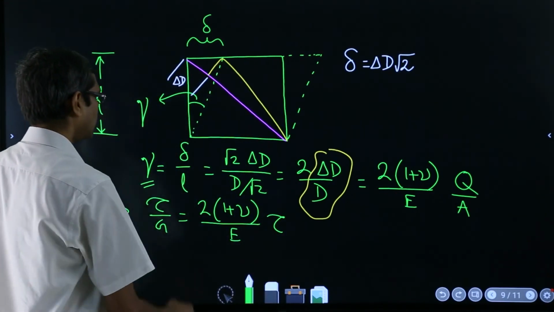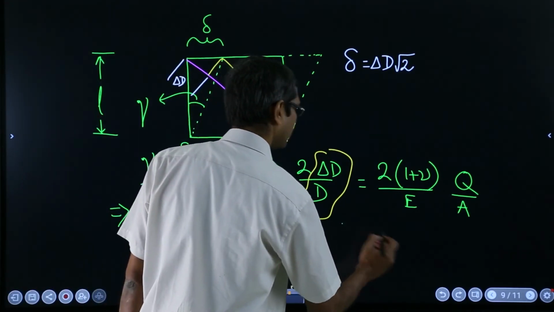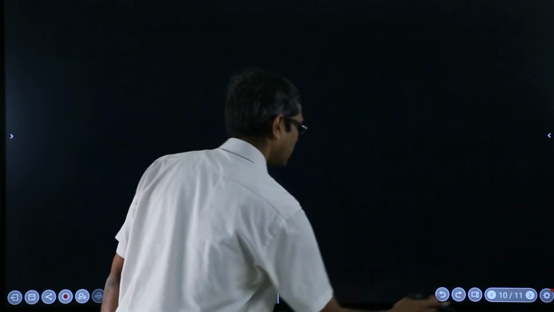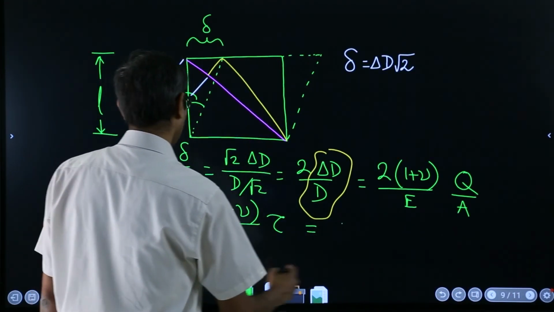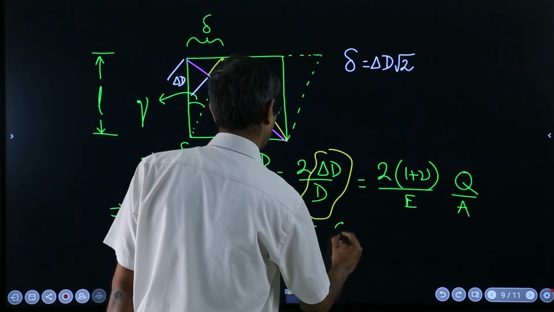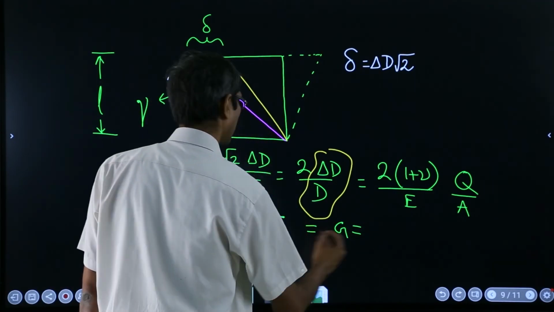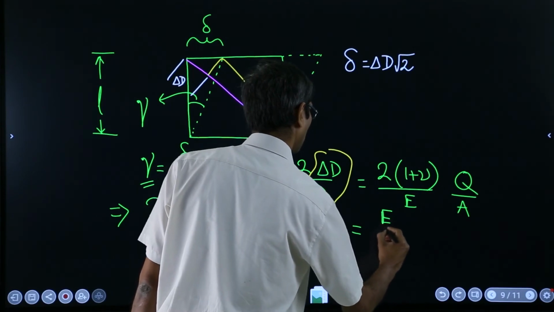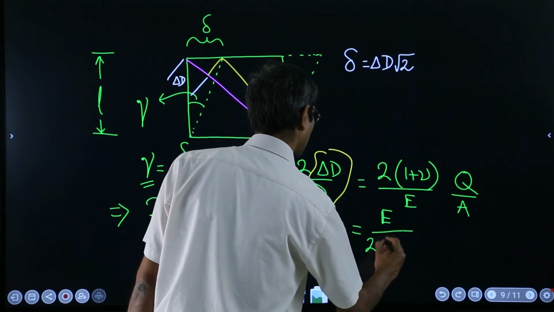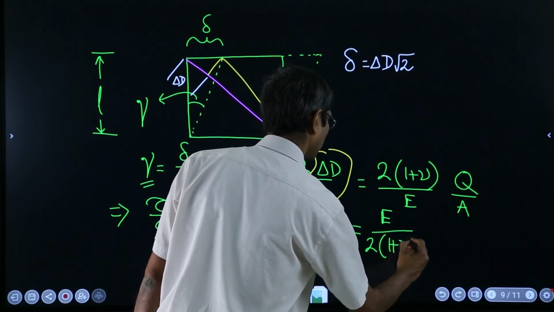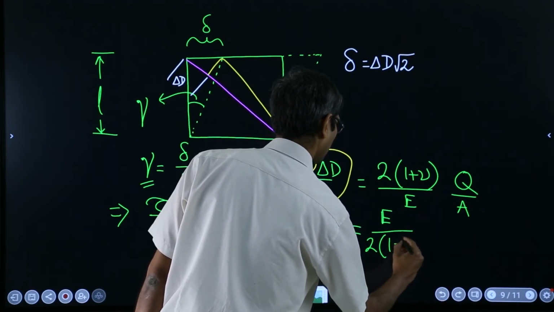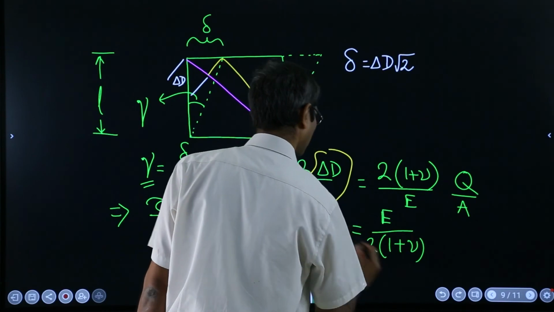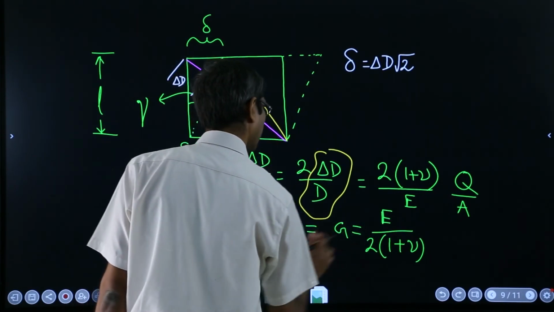So they cancel out, and again we are left with, or here only I'll write, your G is nothing but E over 2 times 1 plus nu. Okay.